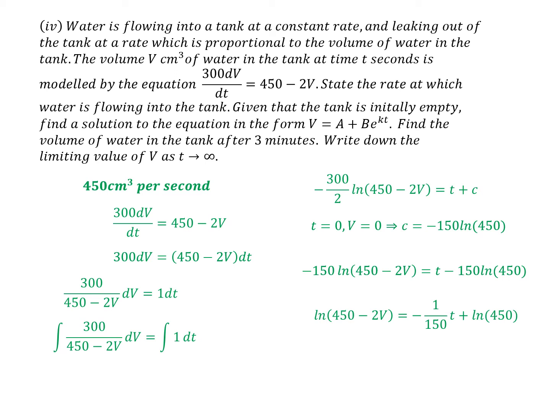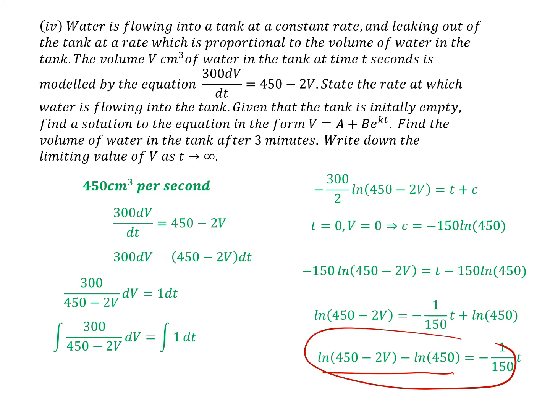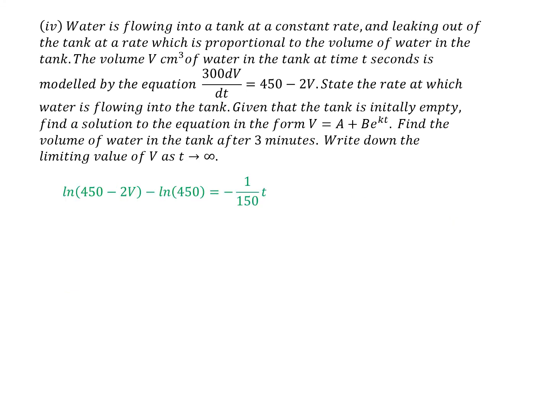What can I do now? Well, I've got these two lns. So if I bring the ln both over to the same side, then I can combine these two lns. Let's just take this and put that on the next page. Ln A minus ln B is ln A divided by B. So that combines it into a single ln, and then I raise e to the power of each side, and I get this now.